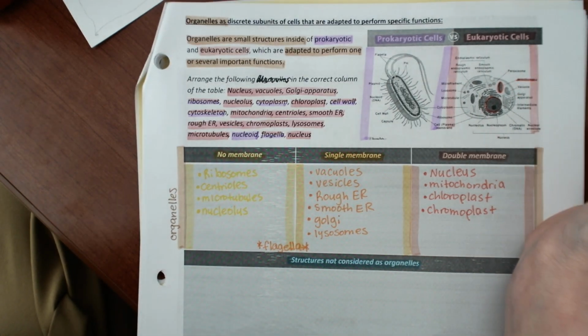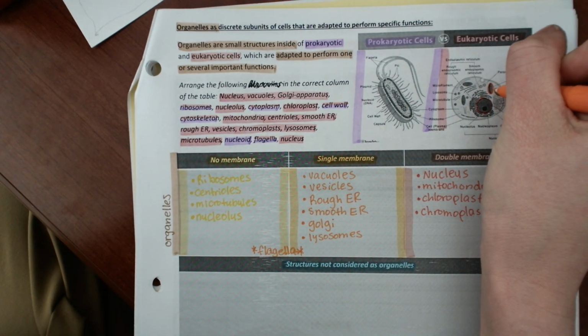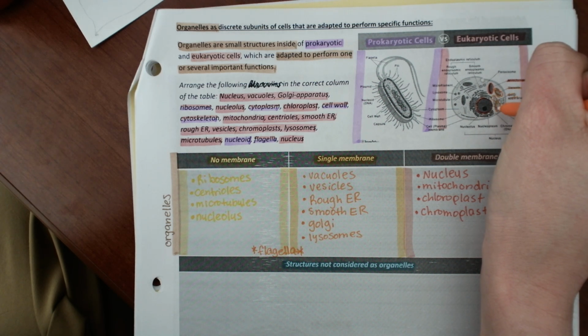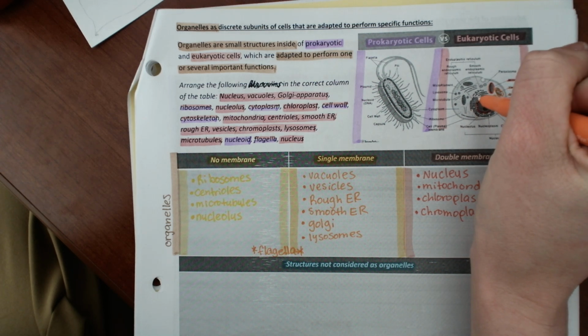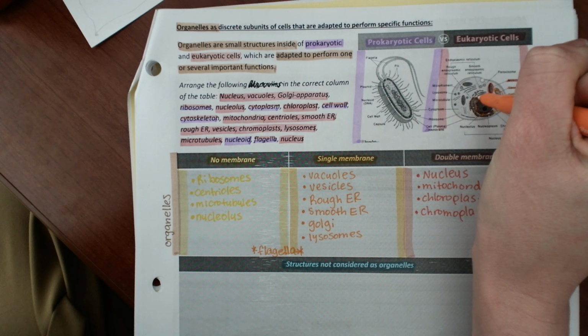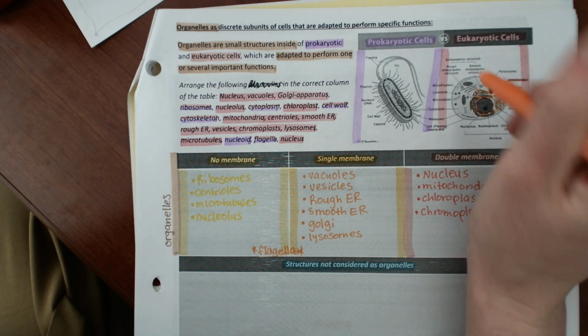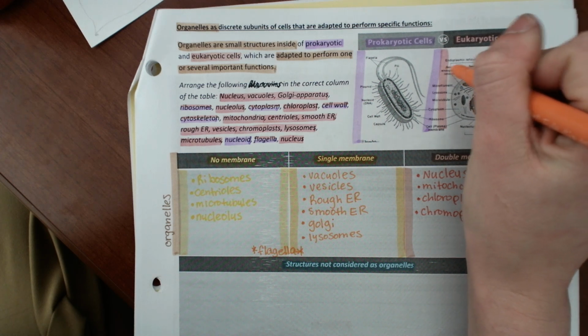Vacuole. Oh, shoot. Golgi. Your ERs. Both of them. Where did they even label the ERs? Where's the label? Why is it over here?